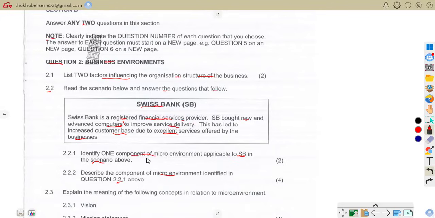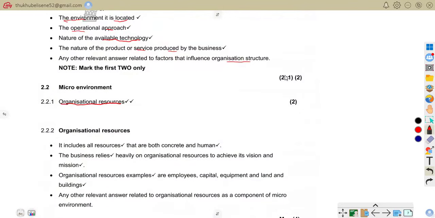So that is why we give the answer as organizational resources. Now we are to describe the organizational resources.